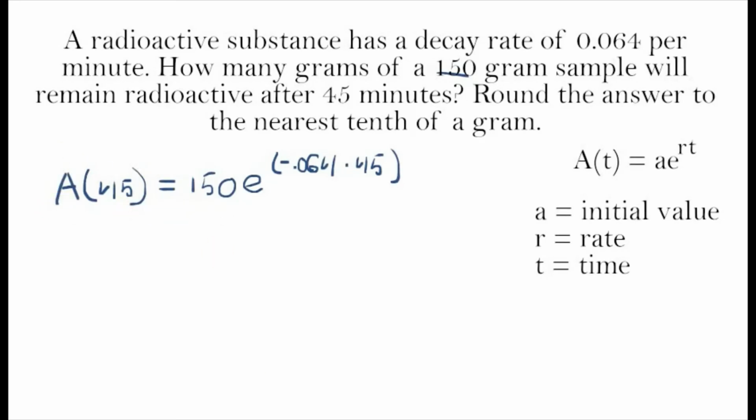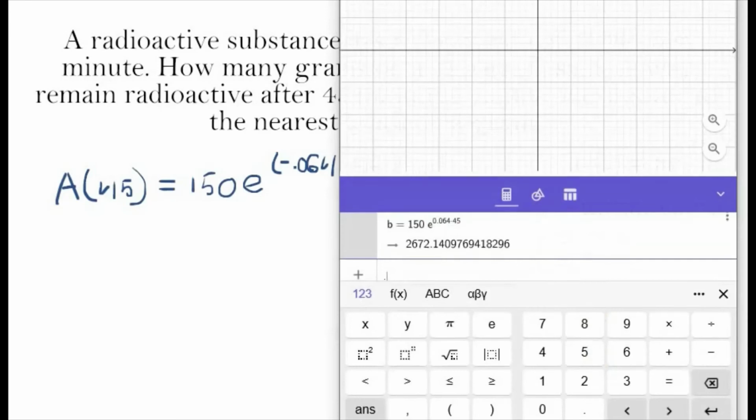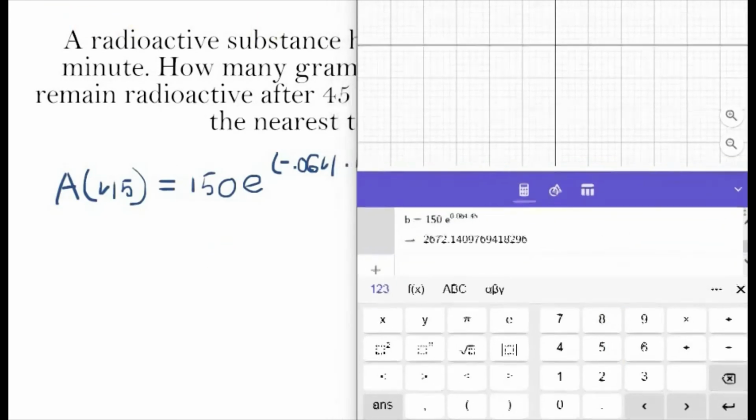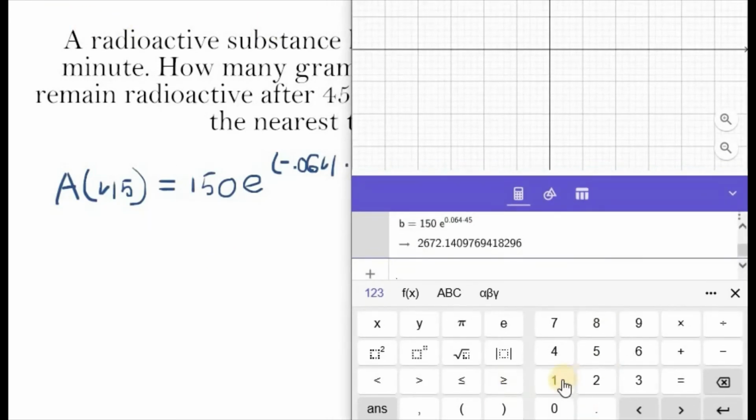So we go back to the graphing calculator and we're going to type in 150e raised to the parentheses, then put negative 0.064 times 45.